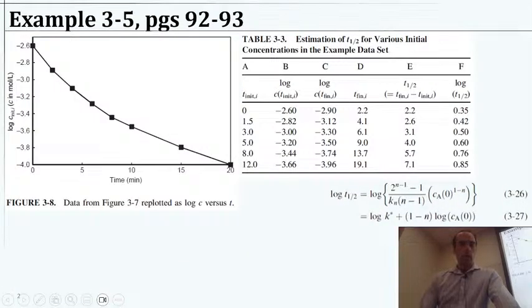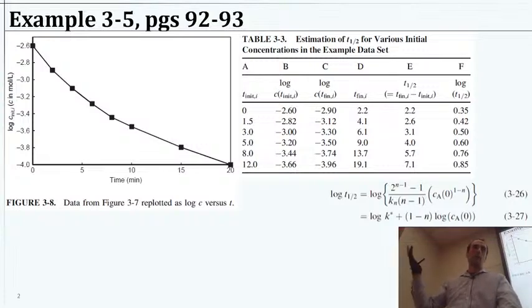The book had already kind of done that. I'm not planning to touch on it too much further, just as a reminder, though, that if we set it up properly, we can get it in a y equals mx plus b type of form, and then solve for the n, which would be our rate order. So that was from last time. That's kind of just where we left off.